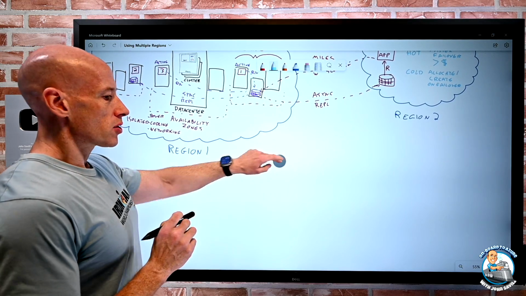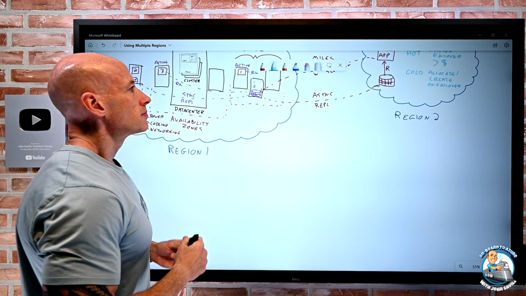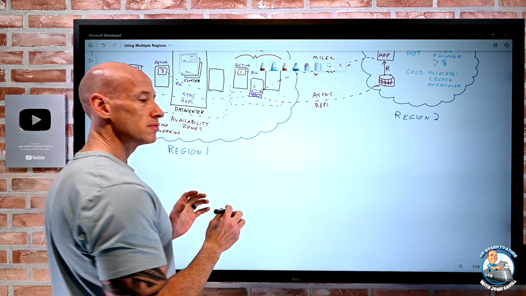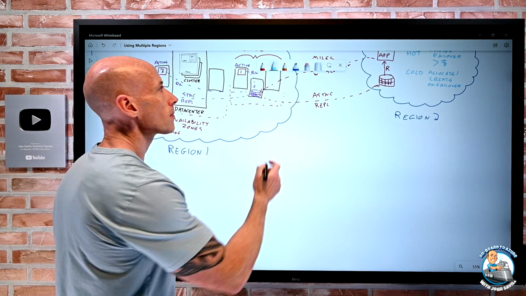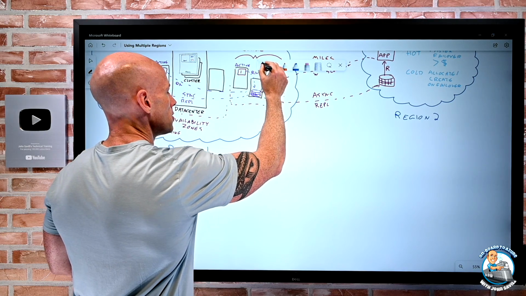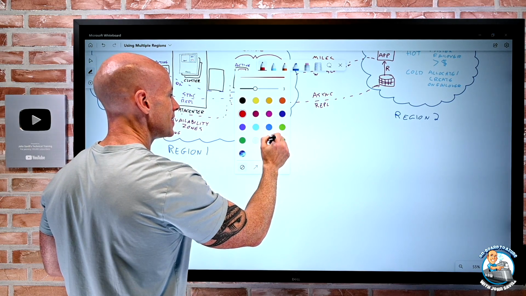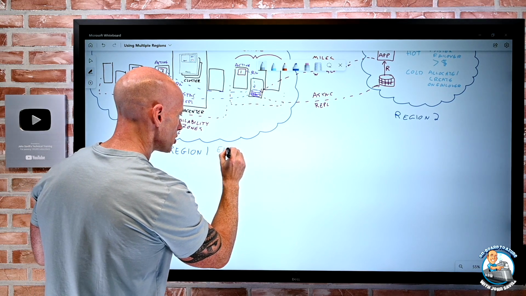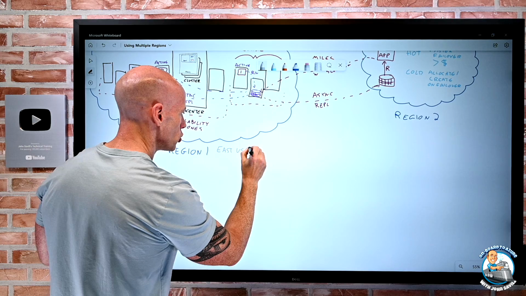So if we looked at my picture here, and let's say, for example, we take their scenario. So in these regions, let's say region 1 was actually East US 2.